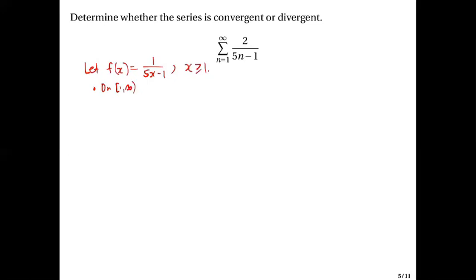Okay, f is positive. You have to check this. You just substitute f of x, 1 over 5x minus 1. You know that 5x minus 1 is positive when x is greater than or equal to 1 over 5, and you have x greater than 1. So it's always positive. So you have to check that.